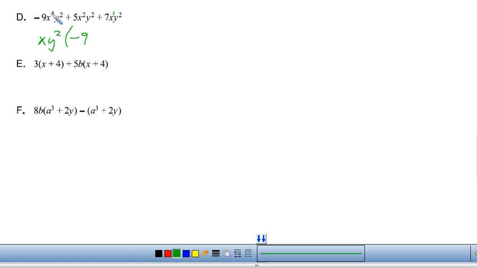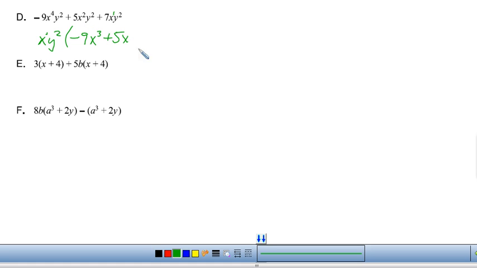X divided into x to the fourth is going to leave me x to the third. Remember the rule for dividing the same base is subtract the exponents. Y to the second divided by y to the second cancels, so I won't have the y to the seconds. Plus 5 x to the second divided by x to the first is going to be x to the first.